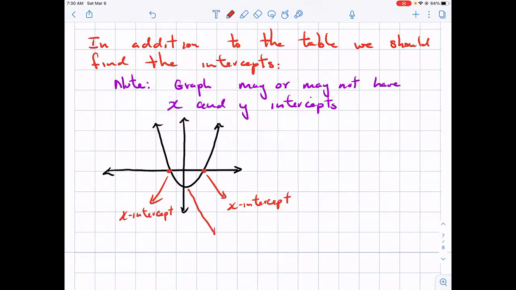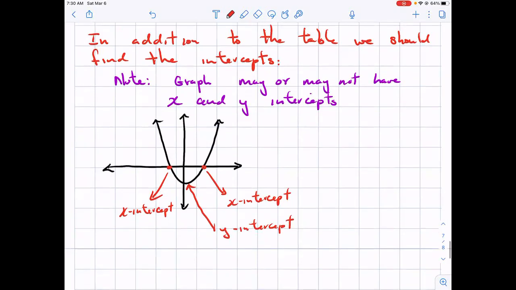Here we had a y-intercept. We can have graphs with no intercept at all, such as here.